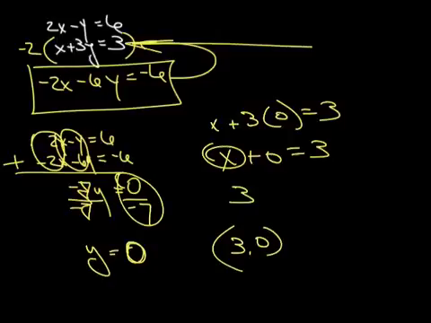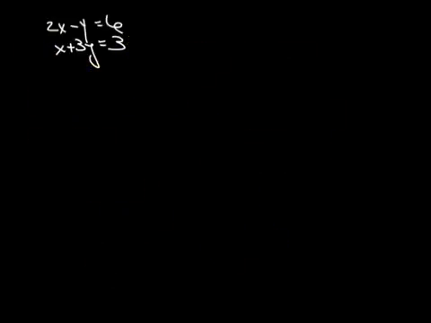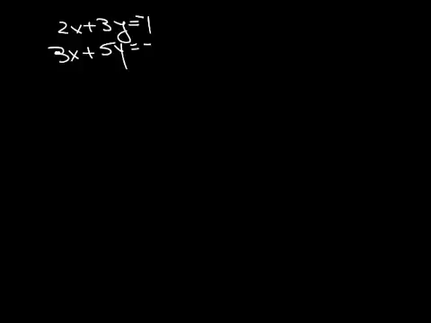So let's jump to example number 4. And number 4 has 2x plus 3y equals negative 1, and 3x plus 5y equals negative 2.